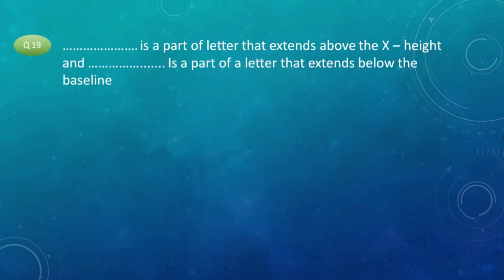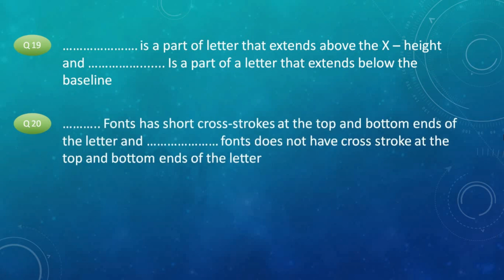Next question. Dash is a part of letter that extends above the X height, and dash is a part of letter that extends below the baseline. Dash fonts has short cross strokes at the top and bottom ends of the letter, and dash fonts does not have cross strokes at the top and bottom ends of the letter.